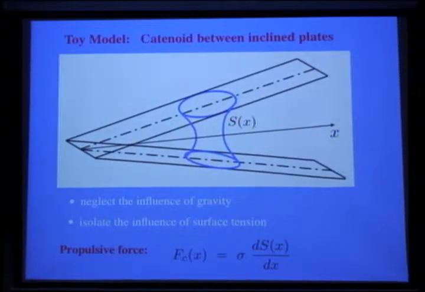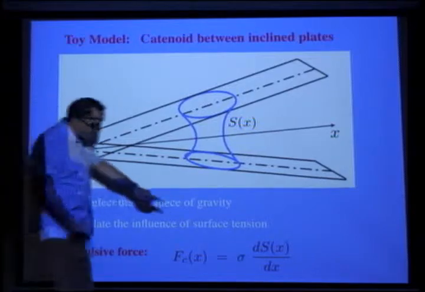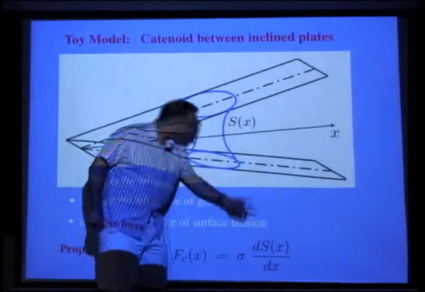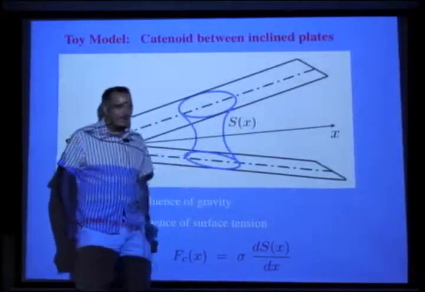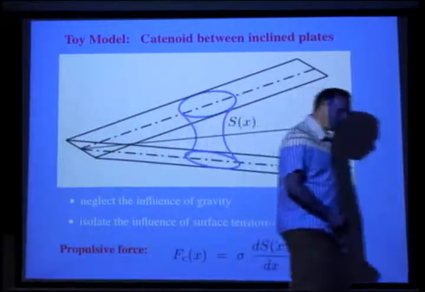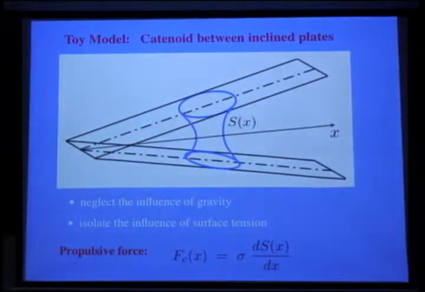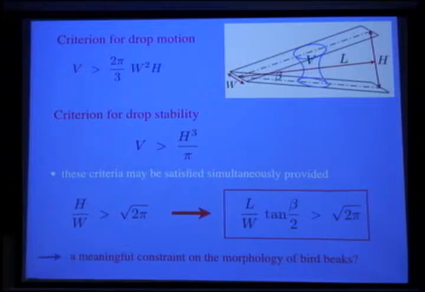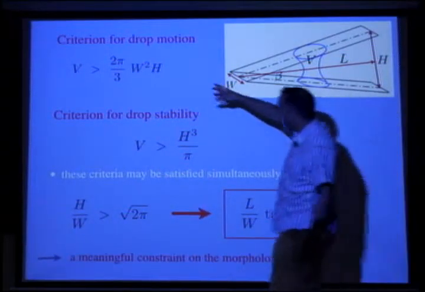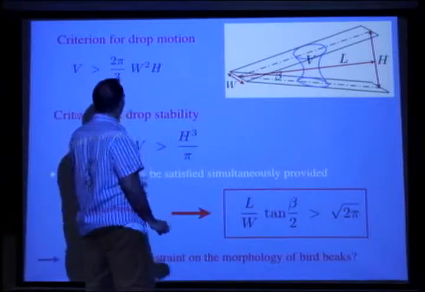So it's simply the surface tension times the gradient of this area as a function of x. That's a problem one can solve. If you solve that, you get this criterion for drop motion in terms of the geometry of the plate.